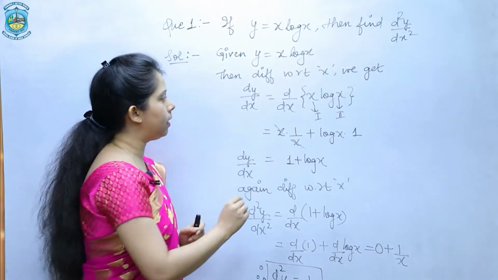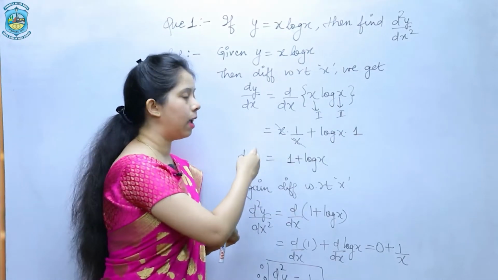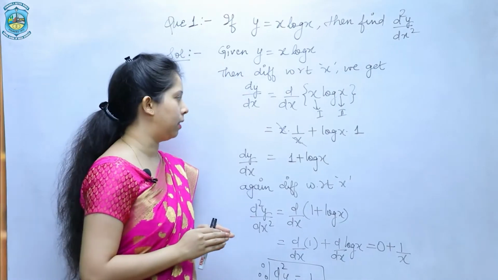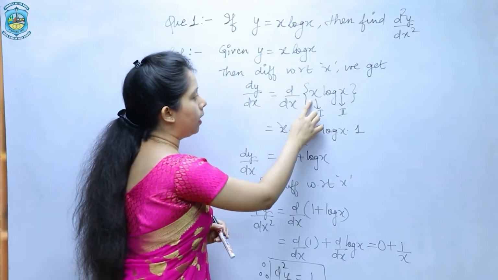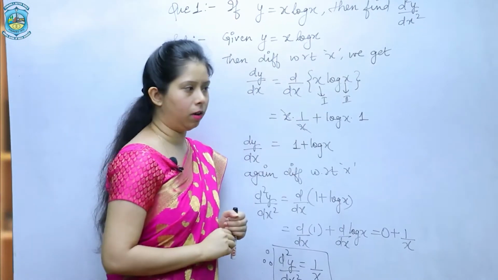Now, you can clearly see that here we are having product of two functions x and log x. So, we will have to apply the product rule of differentiation. For that we can take x as the first function and log x as the second function.